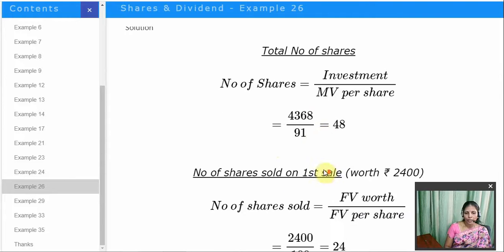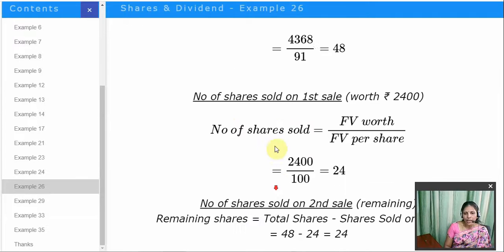Now the number of shares sold on the first sale. So what he is doing next, when the market value goes up, he is selling a few shares, isn't it? How many shares is he selling? So number of shares he sold the first time is equal to the total face value divided by face value per share.